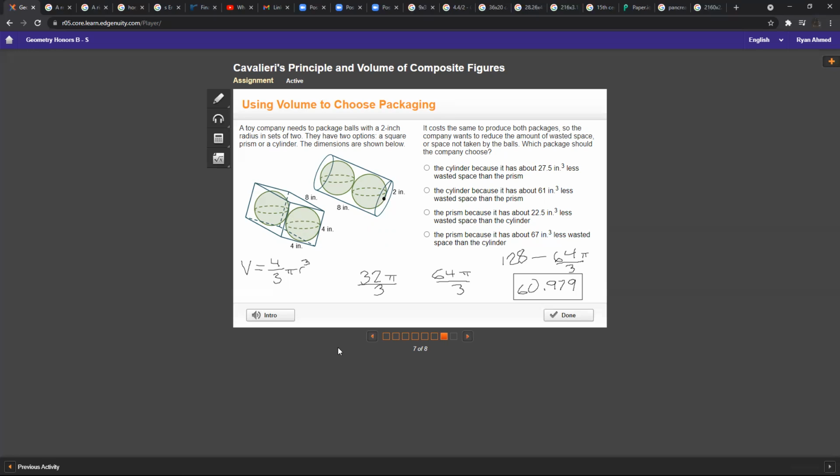Do you remember? The volume will equal base times height, or V equals pi r squared times height.